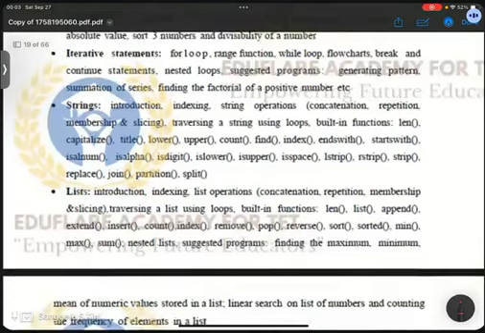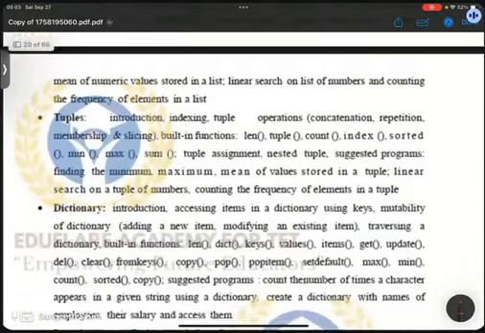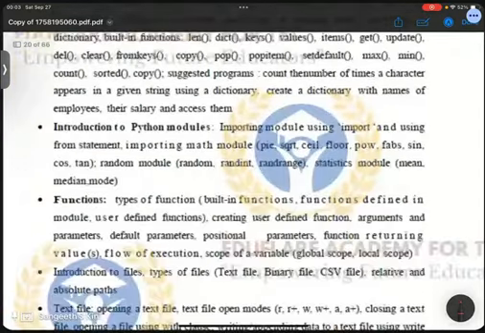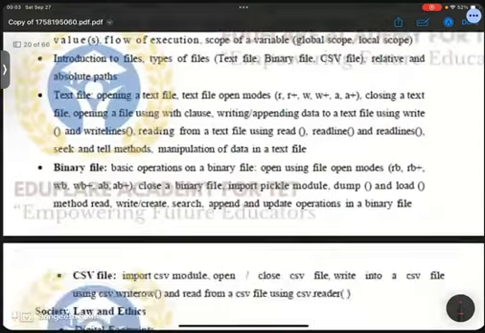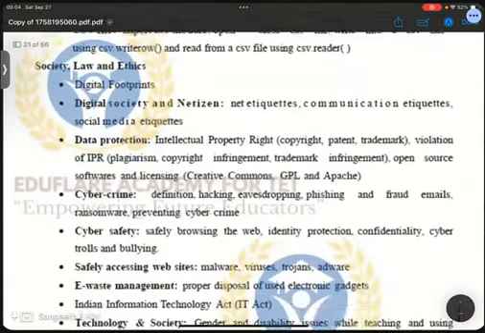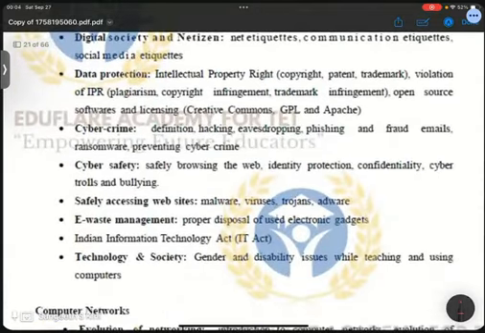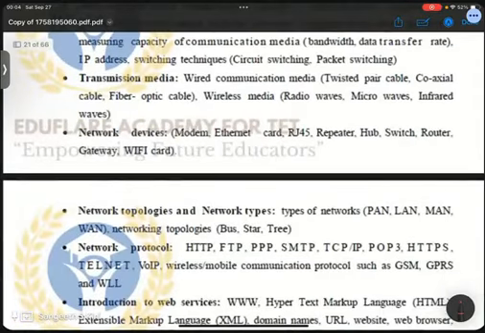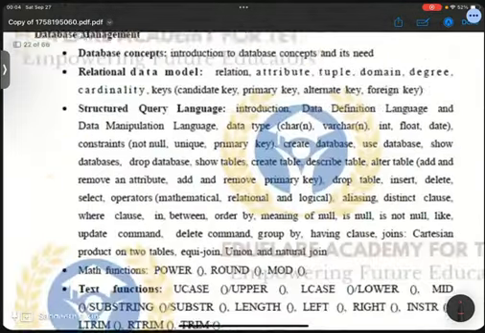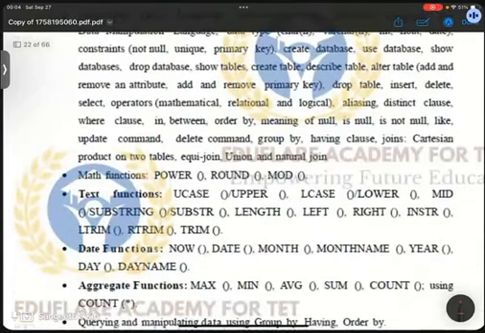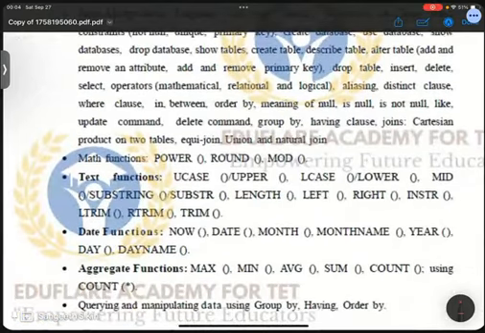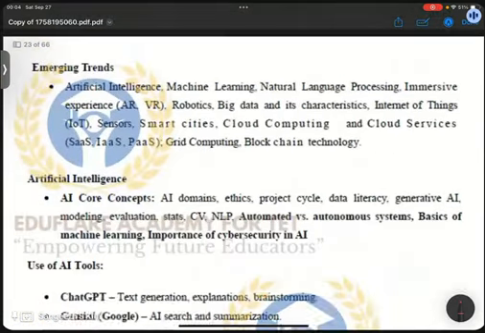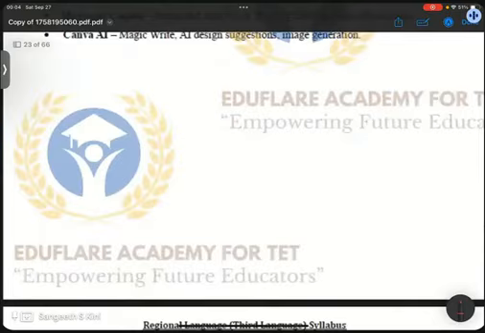These are the syllabus of computer science.